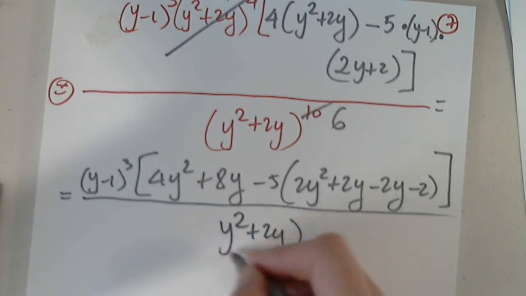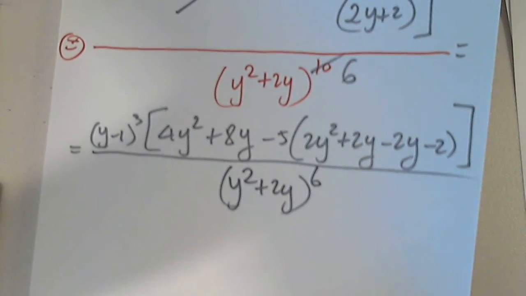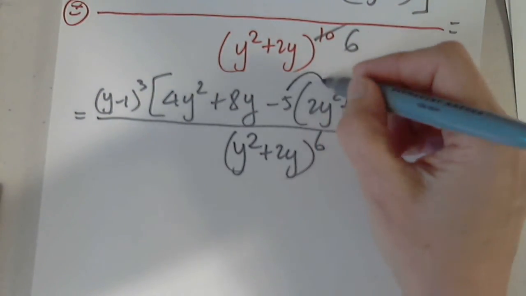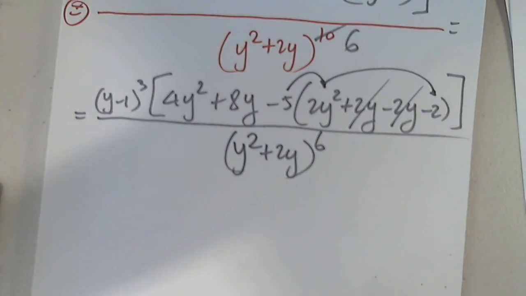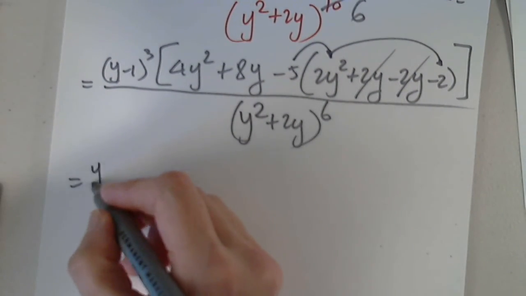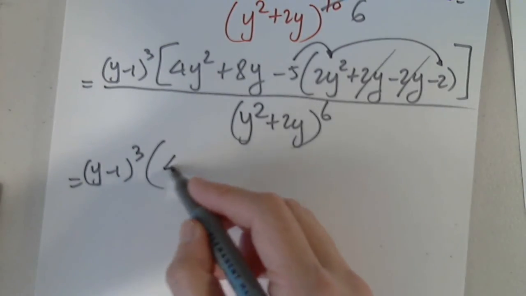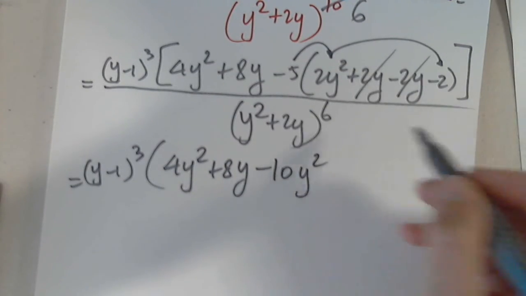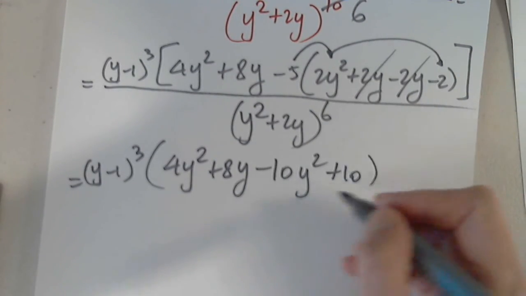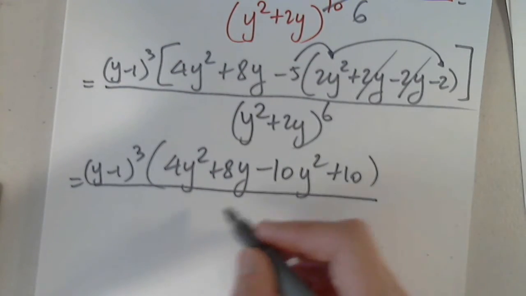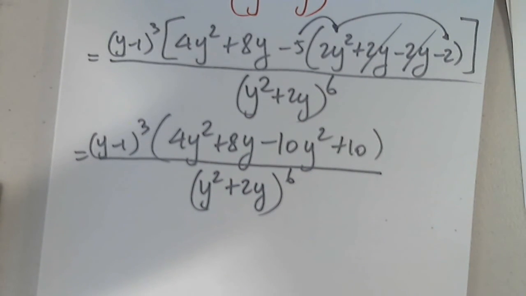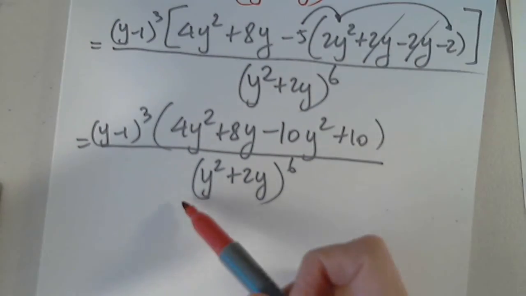Y squared plus 2y to the 6th power. I see that these two go away. Now I have to distribute 5 to these two terms. So I have y minus 1 to the third, and then 4y squared plus 8y minus 10y squared plus 10, and everything divided by y squared plus 2y to the 6th, which, to be exact, I can simplify, but we can leave it as is.